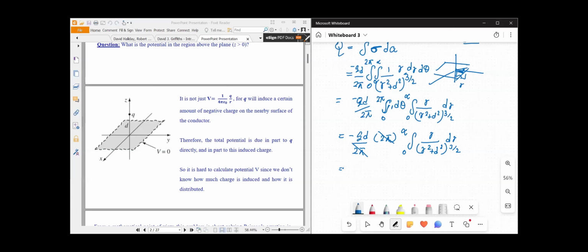So we have minus QD, and then what is the result that you got from this integration?